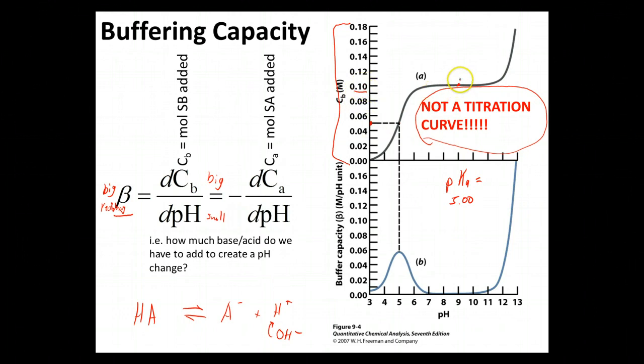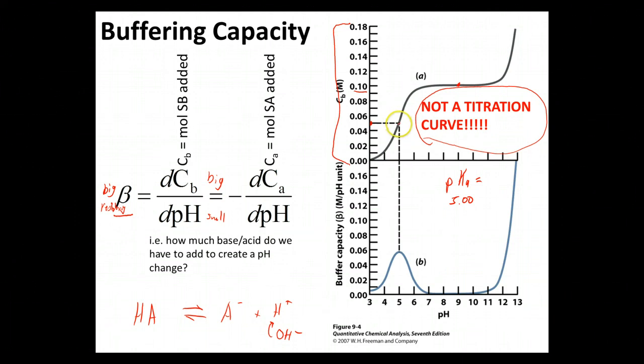So that would be the end point if our titration curve was a titration curve. It isn't, so be very careful. End of titration. Now you can see that halfway to that point, we have that 50-50 mix. At that moment, we're going to have the best buffer possible.